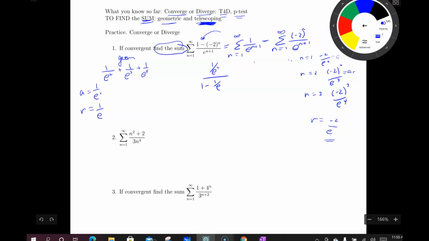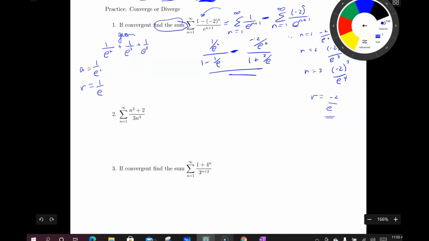So the sum, let's put the subtraction sign between the two, the sum will be a over 1 minus the negative r. That's the sum. All right, looking at this one here, I do see addition in the top, so let's break it up into two separate fractions so I can see what's going on.